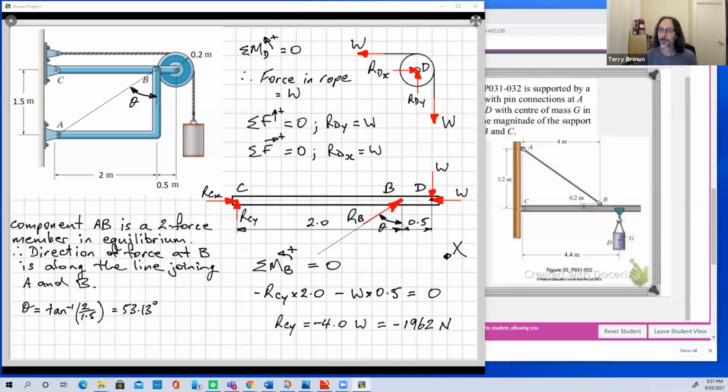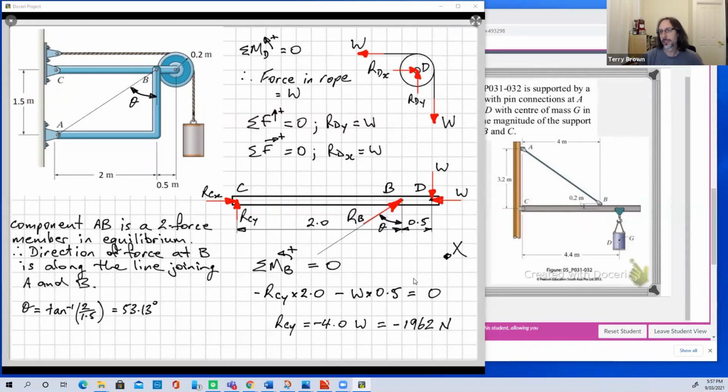I'd have the vertical component of RB and I'd have RCY. So taking moments about point D won't help me very much. Well, it'll help me a little bit, but not as much as taking moments about point C or point B.